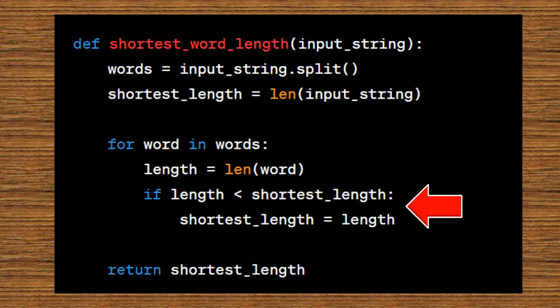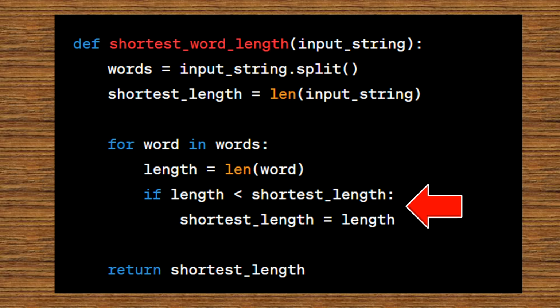To better understand this process, let's go through an example. Consider the sentence, "Hello fellow coders, today's task is very simple." Initially, we set shortest_length to the length of the entire sentence, which is 42 characters. Now, as we loop through each word in the sentence, we compare the length of each word with the current value of shortest_length.